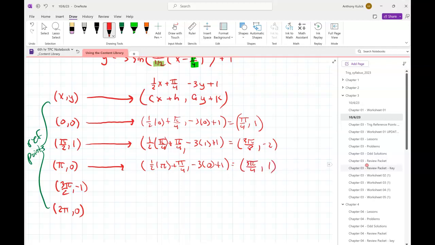And then 1. If I take a look at this point, I see a pattern going on with the x-coordinates. I don't think I really even need to do the arithmetic anymore for the fractions. To go from pi over 4 to 3 pi over 8, I added 1/8, right? No.